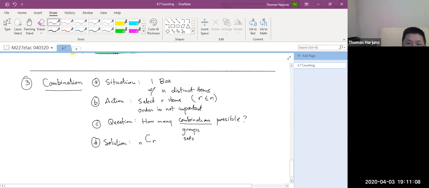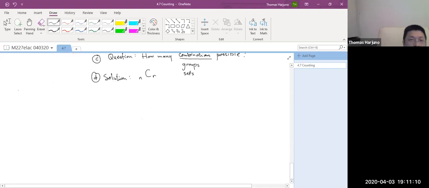Now let's say, for example, this is my favorite example actually. Let's say we have a set of 5 letters, A, B, C, D, E. And then we want to select 2 letters, regardless of the order.